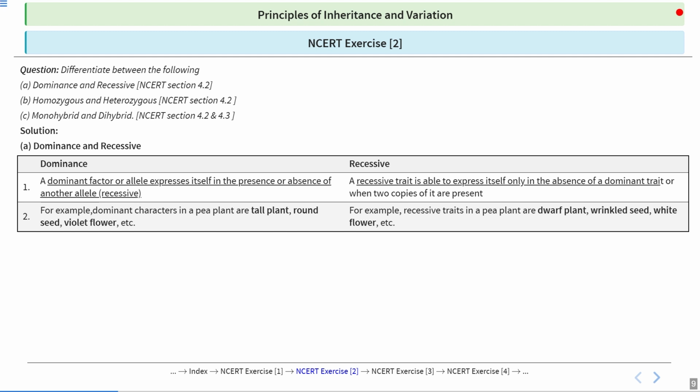It means the recessive trait is only observed in the homozygous recessive condition, when both the recessive alleles are present together. Examples of recessive traits in pea plant are dwarf plant, wrinkled seed, and white flowers. These are all recessive traits which are controlled by recessive alleles.